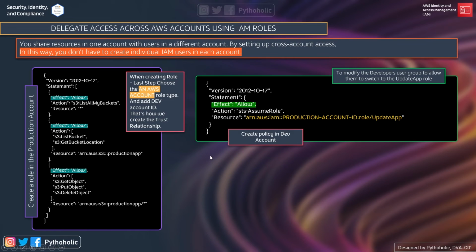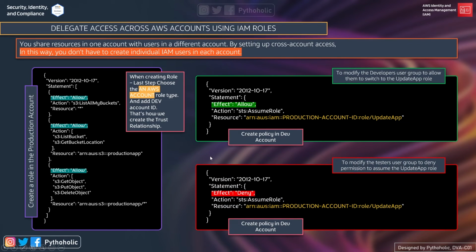And one more thing that we had in mind was to restrict access of the tester user group. And here to deny the access, we can write the same policy, but just give the effect equal to deny, so that they should not be able to assume the role of that particular update app in the production account.